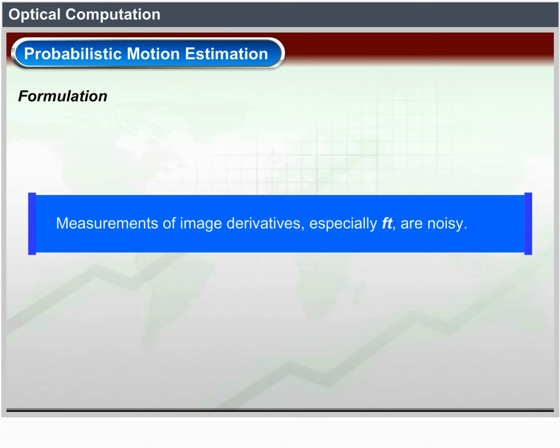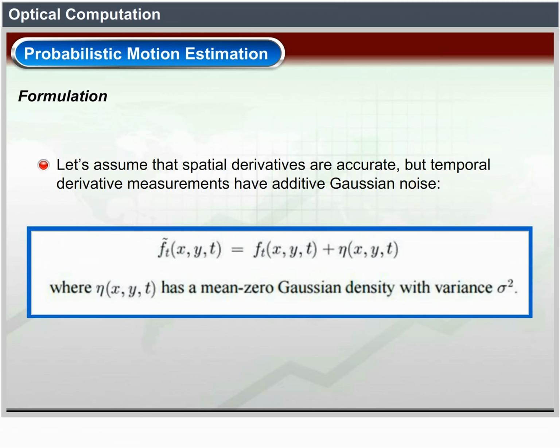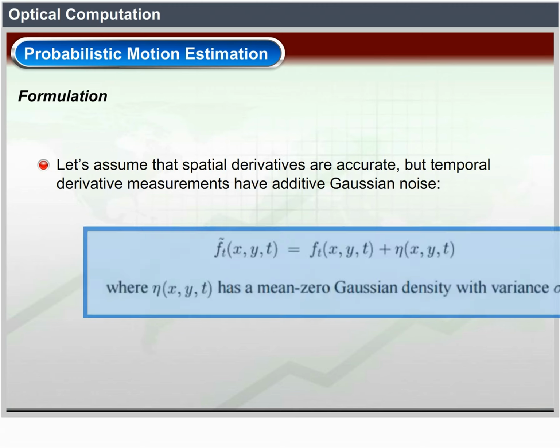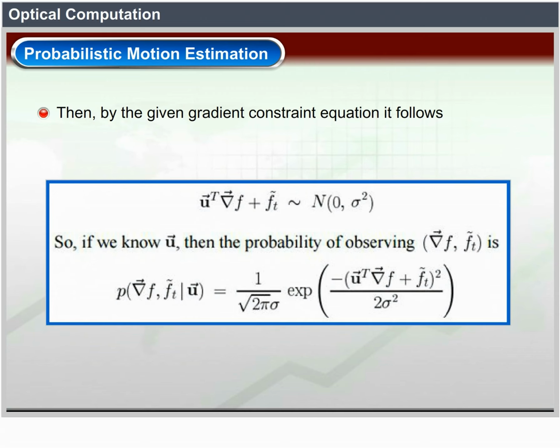Let's assume that spatial derivatives are accurate, but temporal derivative measurements have additive Gaussian noise as shown, where eta of x, y, t has a mean zero Gaussian density with variance sigma squared. Then given the gradient constraint equation, it follows that. So if we know u vector, then the probability of observing delta f vector, ft vector, is given by the equation.